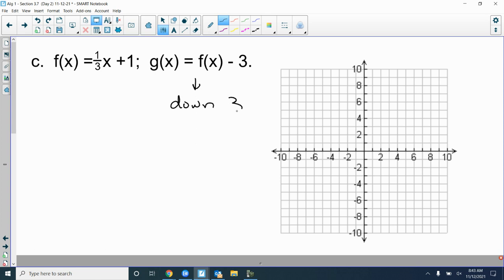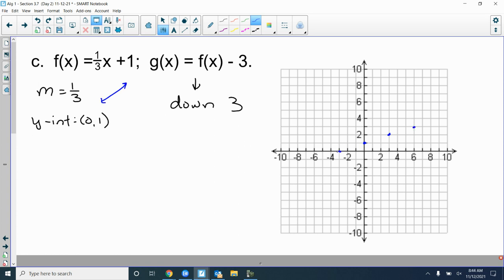What does this function look like if you graph it? So 1/3 x plus 1. The 1/3 is our slope. The y-intercept is 0, 1. So I'm going to put 0, 1. And I'm going to do a couple points: go up 1 to the right because it's a positive slope, 3, up 1 to the right.